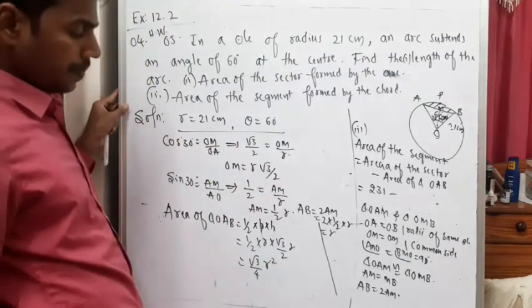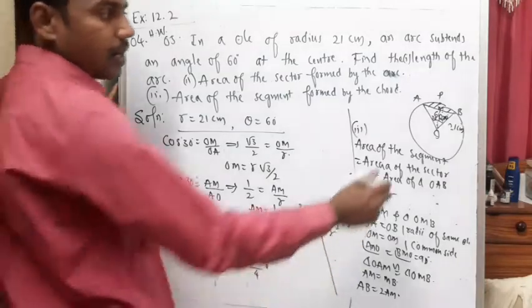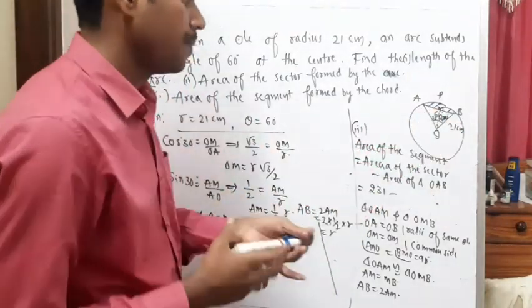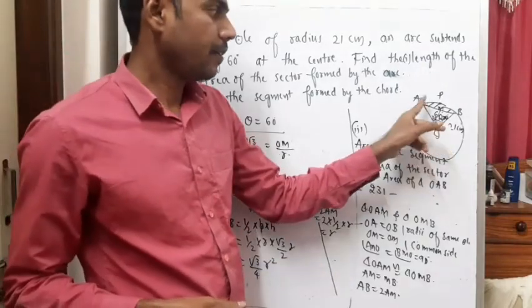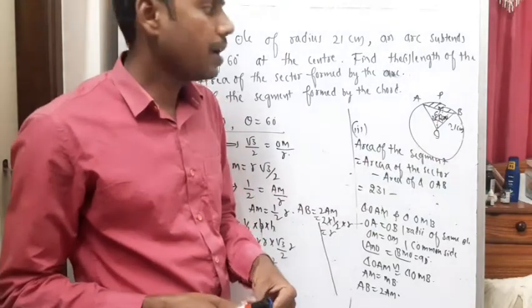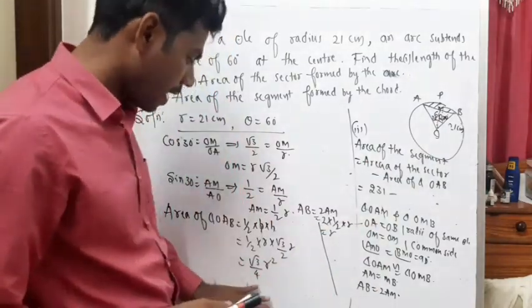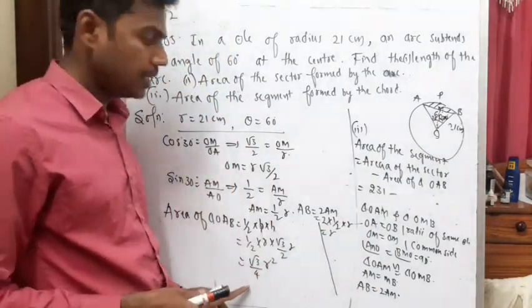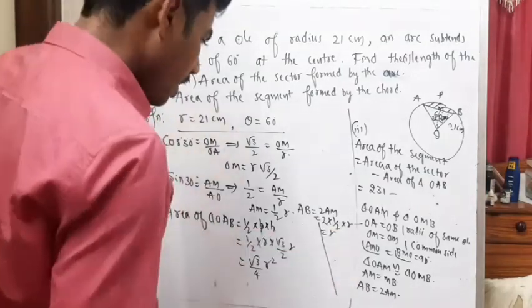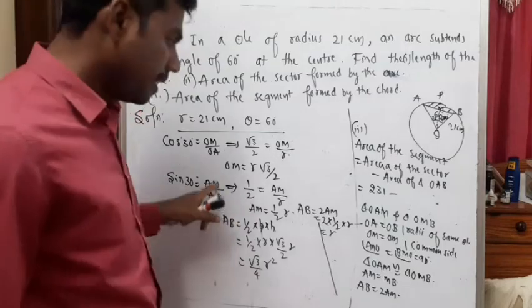Whenever you get an equilateral triangle, that means if one of the angles is equal to 60 degree, what you need to do is directly write area of the triangle is equal to root 3 by 4 A square. To make you understand, I have written this. This is all for your understanding, so write this down somewhere.